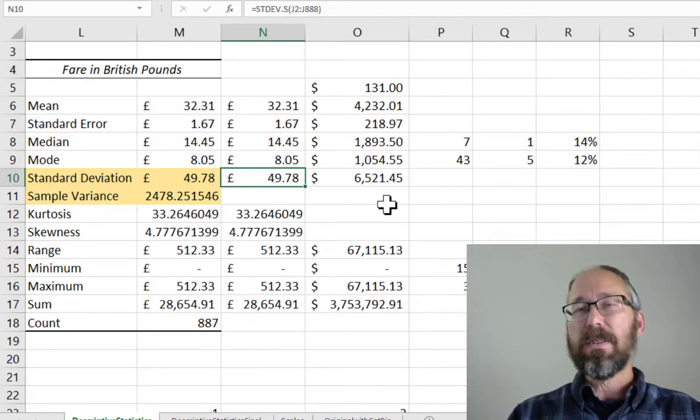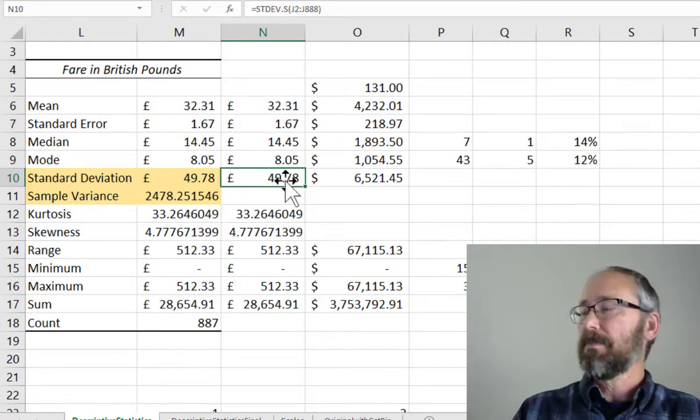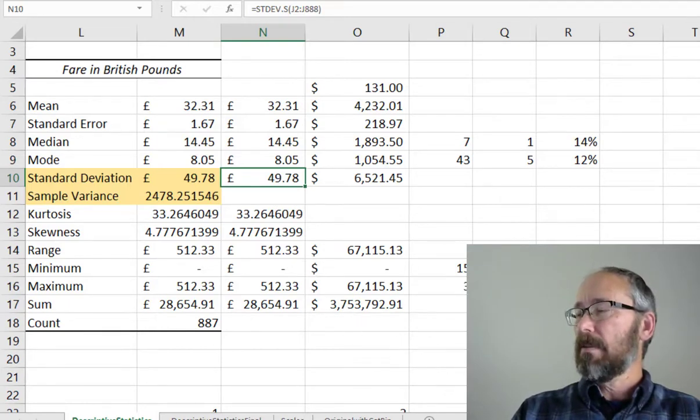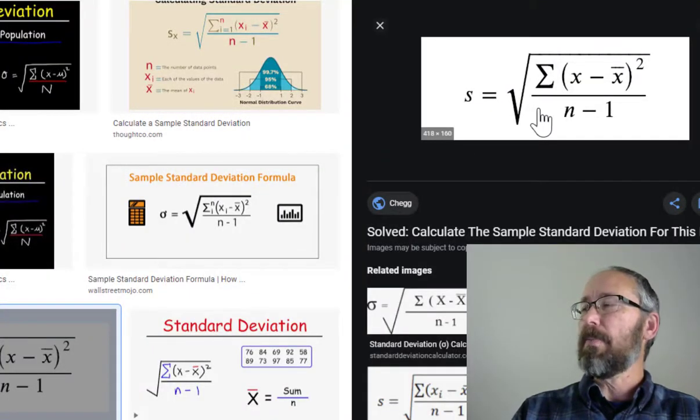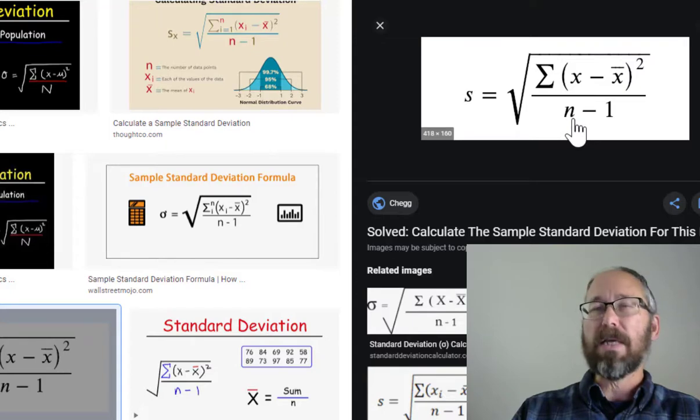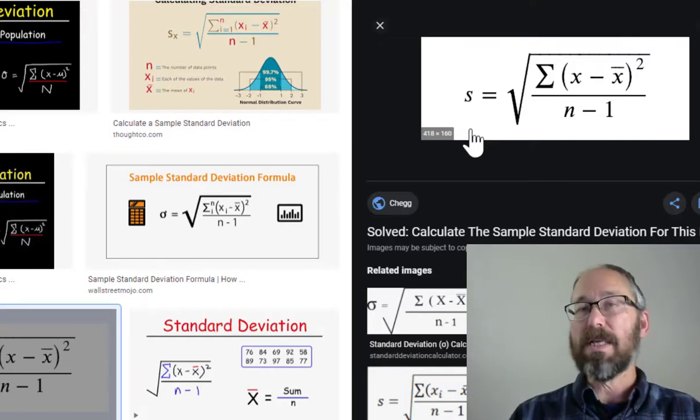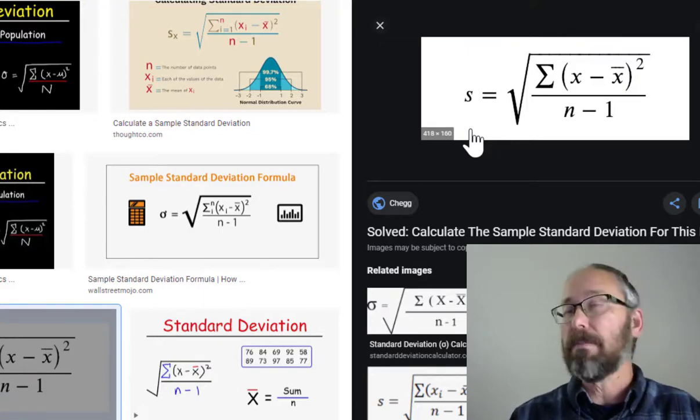what's the difference between the standard deviation for the sample versus the standard deviation for the population? I'm glad you asked. Well, if we go back to that formula and we look at it, the bottom of the standard deviation for the sample is n-1. Now I should point out that the standard deviation for the sample is represented with an S. Whenever we're talking about descriptive statistics for the sample, we're going to use Roman letters, so our alphabet.